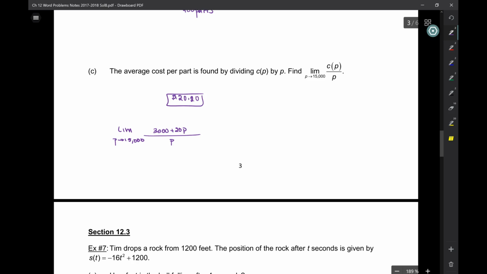Parts. So if you're producing 15,000 parts, then the average per part is what? You just plug in 15,000. So it'll be 3,000 plus 20 times 15,000 over 15,000. You should get $20.20.